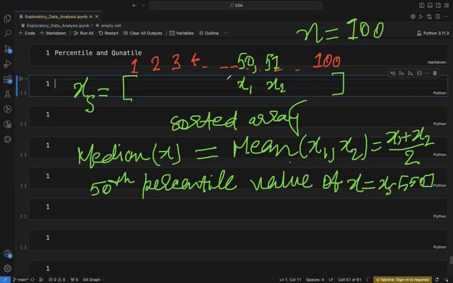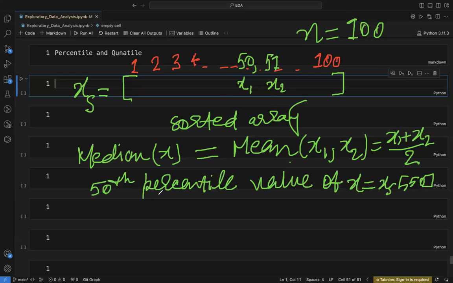If we take the 50th value in a sorted list of 100 values, it is called the 50th percentile value. And remember, this is a percentile. This is not a percentage.